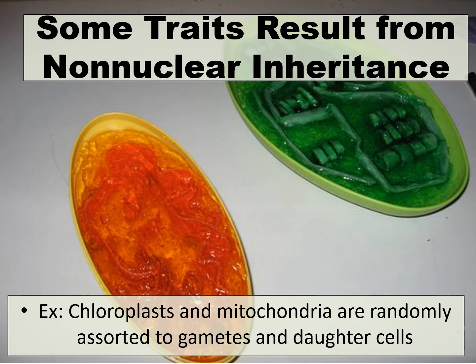And lastly, what kind of throws a wrench in everything is that some traits are a result of non-nuclear inheritance. So all of Mendel's genetics and all of the exceptions revolve around DNA being in the nucleus and being passed on to the offspring.